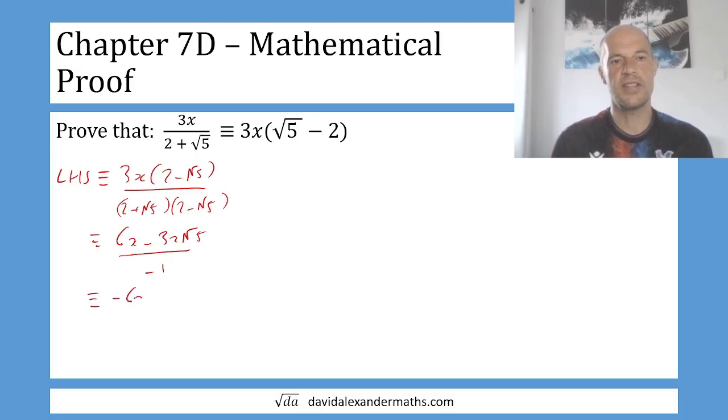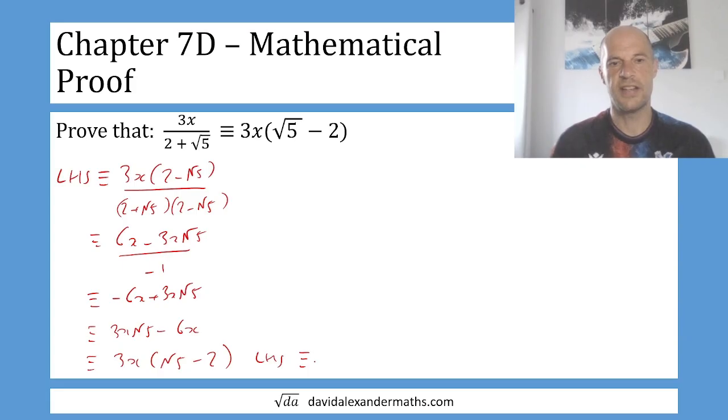So that will become minus 6x plus 3x root 5 over positive 1. I don't need to write positive 1, and if we want we can turn this into 3x root 5 take away 6x, and we can factorise out 3x from both sides. So that's going to be 3x lots of root 5 take away 2, and then we can say that that is identical. We now just say that the left hand side is identical to the right hand side, and we have proven that those two things are identical.